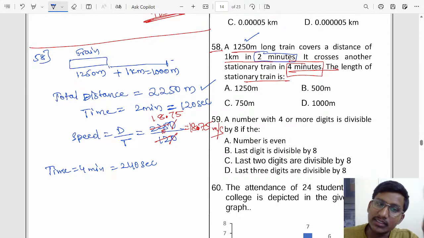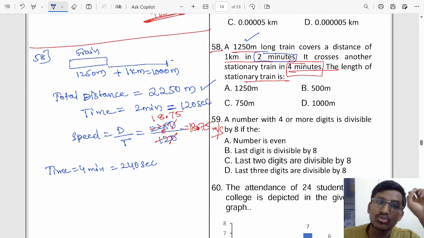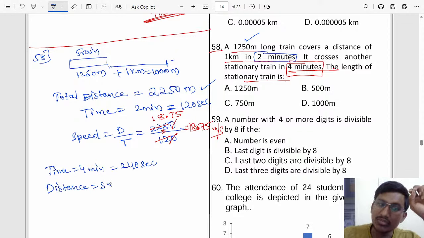So the distance it will cover is speed into time. So speed 18.75 into time 240 seconds.